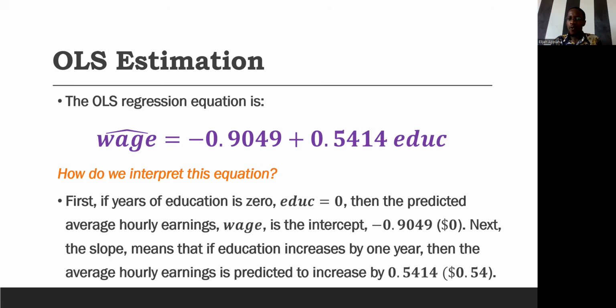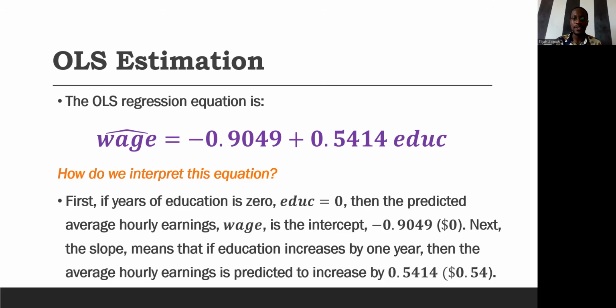Remember we said when you have the sample and you estimate, what you are doing is to estimate the population. So we have that hat there. We're not using the YX naming of variables. This time around we have real names. So we say wage hat equals the intercept, which we found to be negative 0.9049, plus the slope, which was found to be 0.5414 education. So this is called the regression equation.